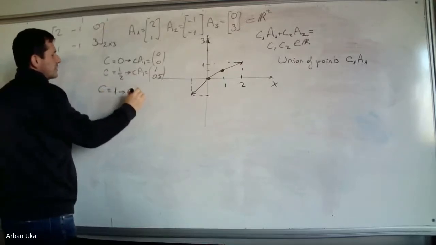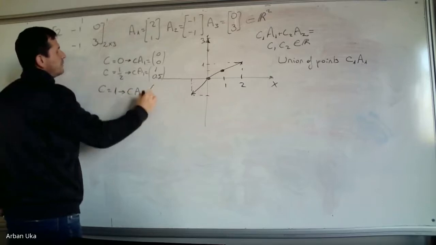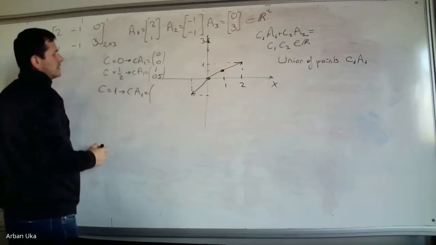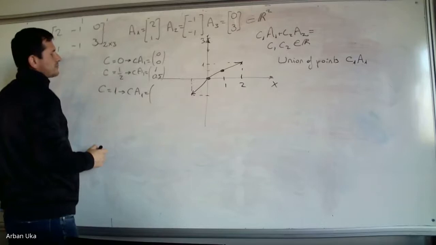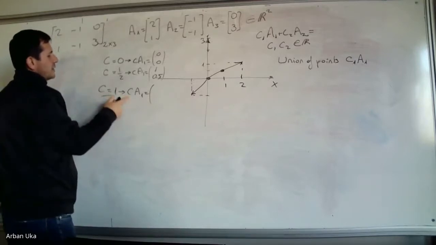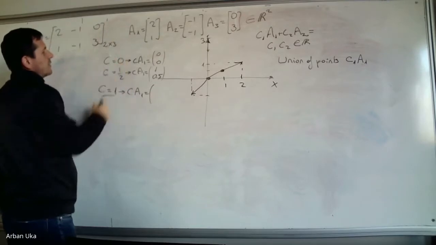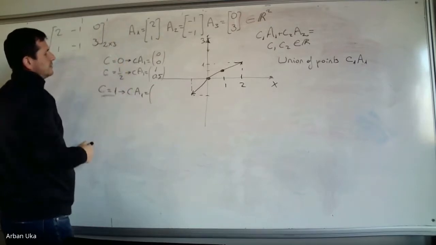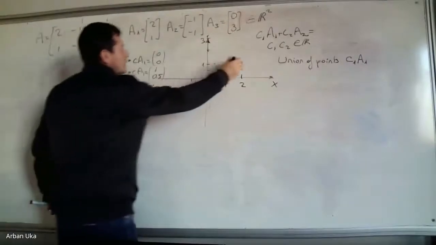What is C A1? Assuming the constant C is 1, what is C times A1? (2, 1). Okay. So we have this point.